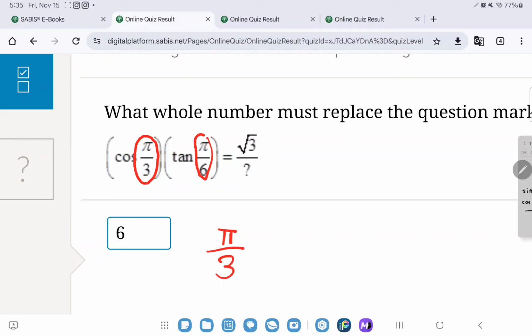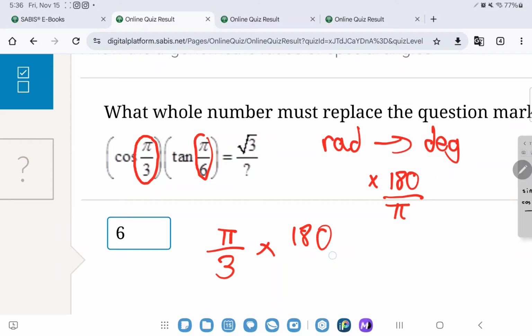This is radians, and to go from radians to degrees, you need to multiply by 180/pi. You're going to multiply this by 180/pi, and you're going to find it equal to 180/3, which is 60. So in other words, this is cosine 60.